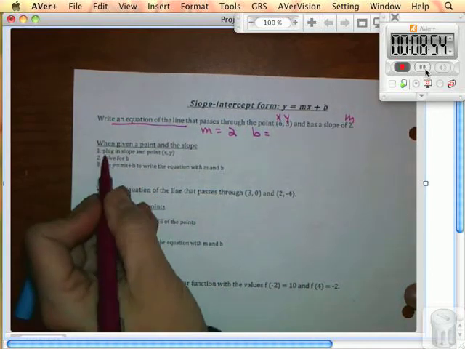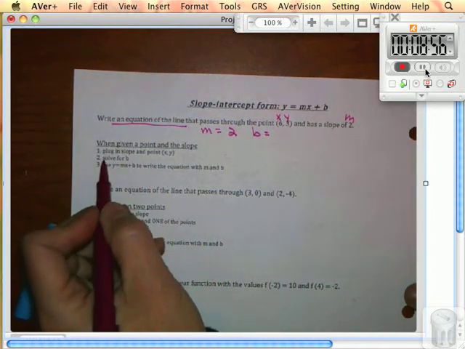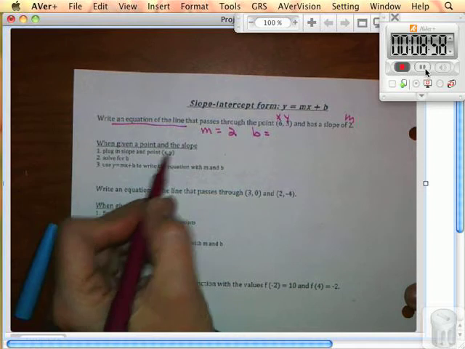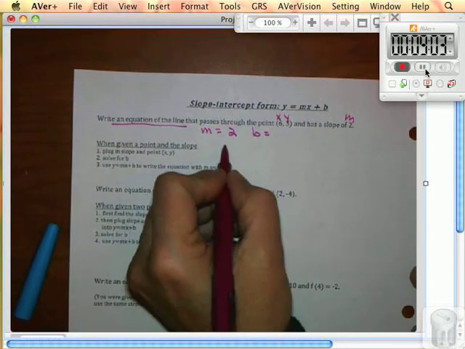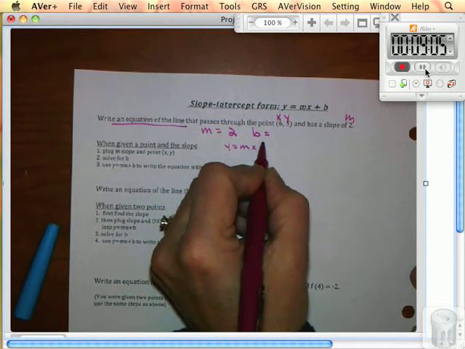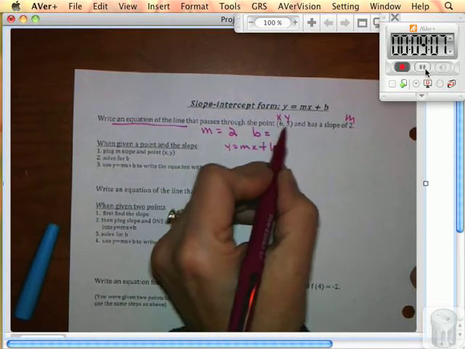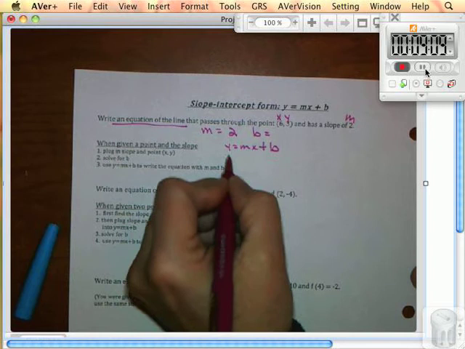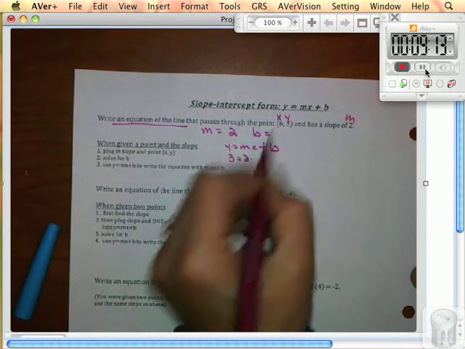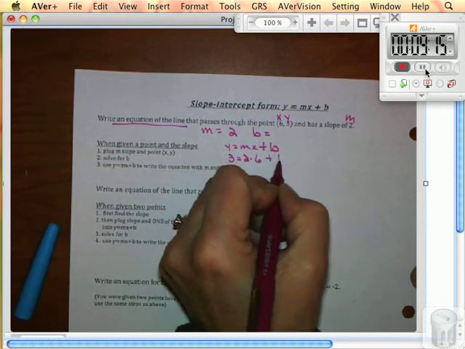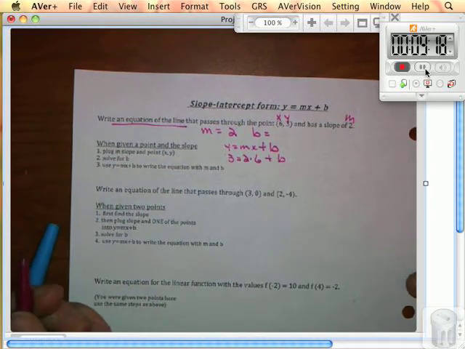I gave some steps here. When you're given a point and the slope, the first thing you do is plug in the slope and the point into y = mx + b. My y here is 3. My slope is 2. My x is 6. And would you look at that? All I have left is b, which I need.